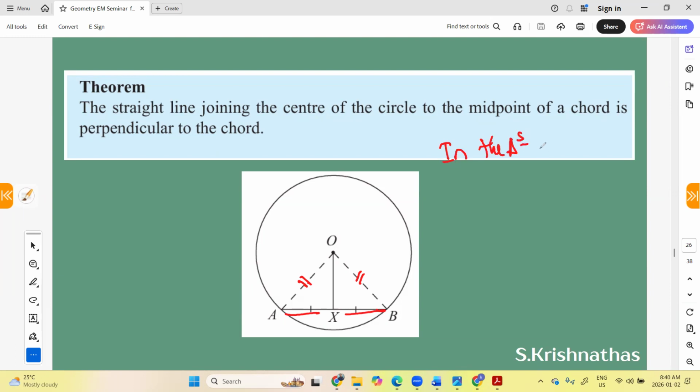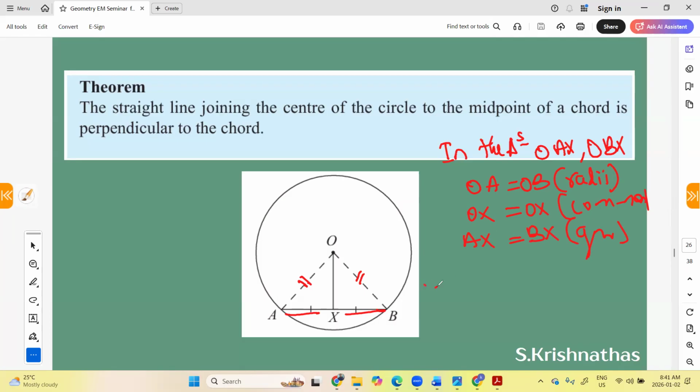In the triangles OAX and OBX, OA equals OB, the reason being radii. Then OX equals OX, common side. Then AX equals BX, given. Therefore, triangle OAX is congruent to triangle OBX, by side, side, side.